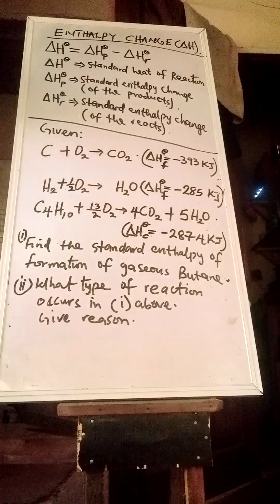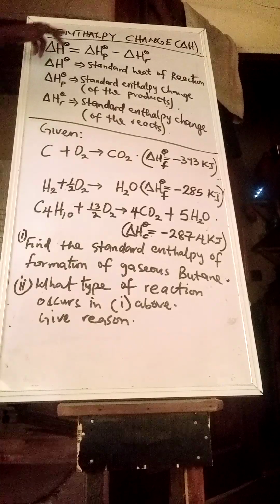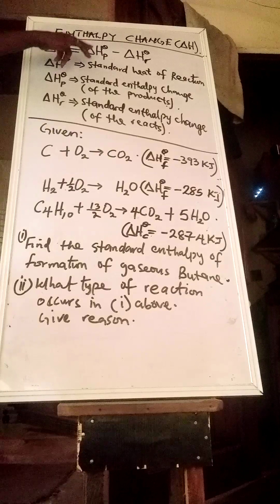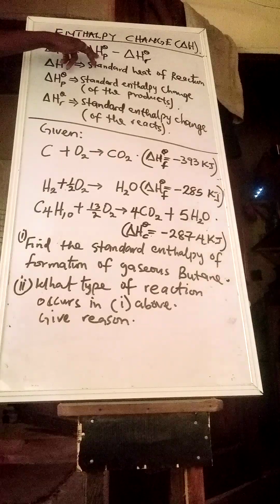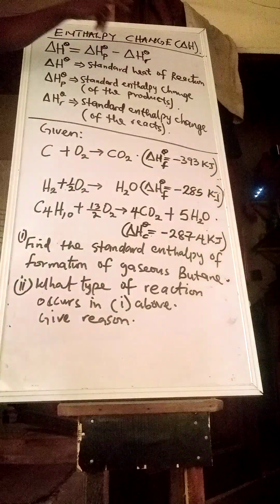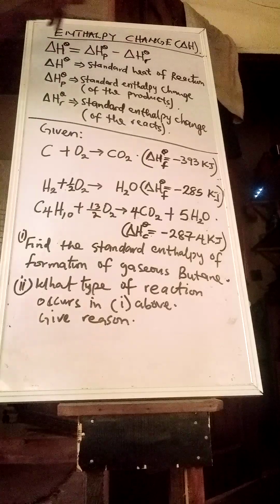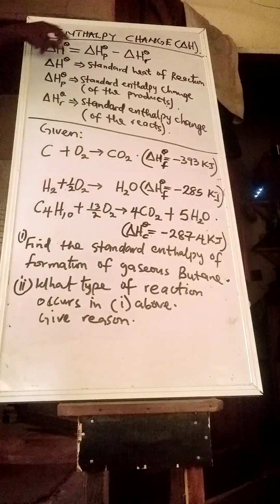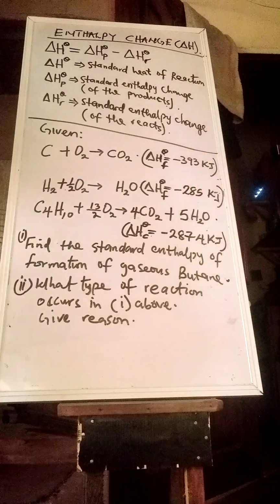And the enthalpy change of any reaction can be found using the approach: enthalpy change of the product minus enthalpy change of the reactant. That is subtracting the enthalpy change of the reactant from the enthalpy change of the product. This sign here represents standard value.